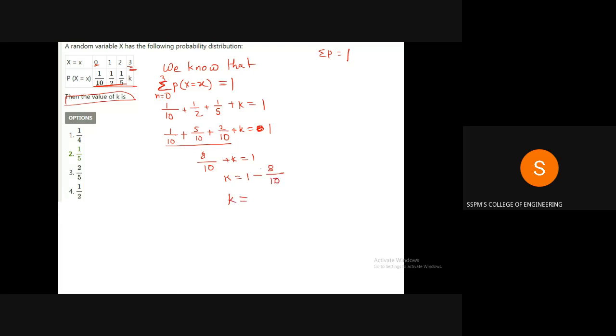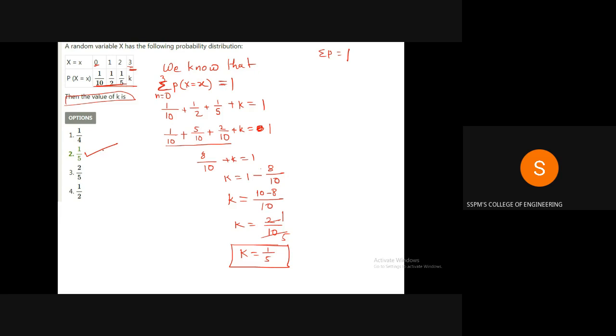If we solve this, we get 10 minus 8 divided by 10, that is 2 divided by 10. 2 ones are 2 and 2 fives are 10. So k is equal to 1 divided by 5. So that is the correct option.